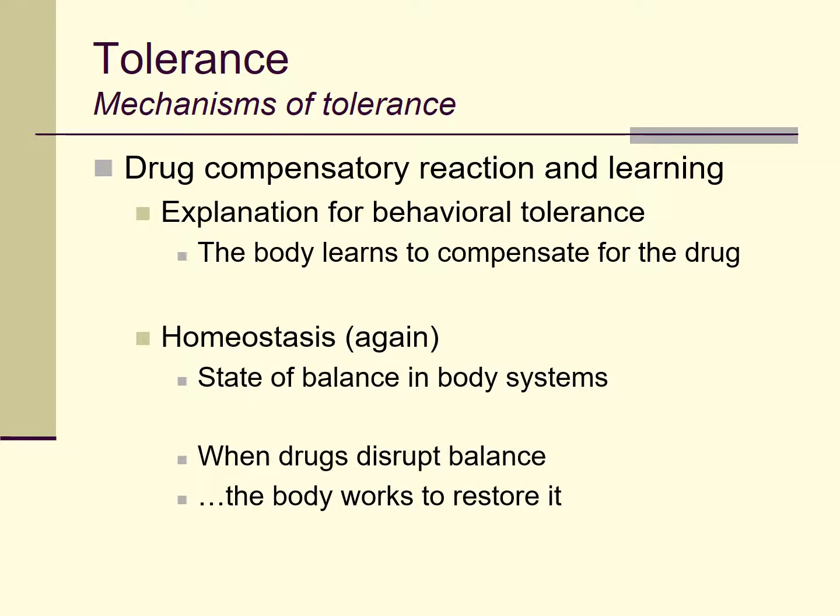So again, this has to do with homeostasis, your body seeking to maintain a balance, not letting any of its systems become overly activated or overly deactivated. When drugs disrupt the balance in your monoamine systems, or the balance in your heart rate, or your sensitivity to pain, or the balance in anything else, the body works fairly hard to restore that balance or counteract that disruption.